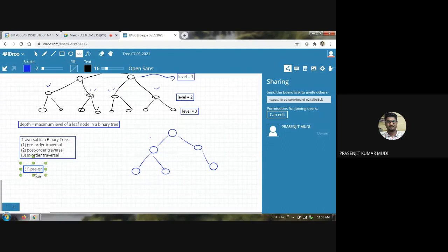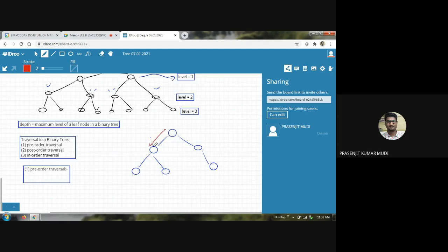Pre-order traversal technique, what do we mean by that? Pictorially, we have to start from this node, which is the root. Next, I will select the left subtree, but not the right subtree. So I will move around the left subtree.